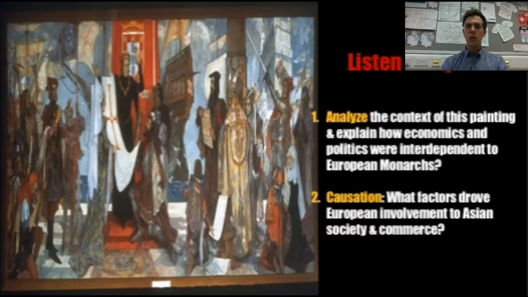Okay, so looking at this image, it says, analyze the context of this painting and explain how economics and politics were interdependent to European monarchs. So looking at this image, we can see the context of it. It looks like Vasco da Gama, and it looks like the king, right?